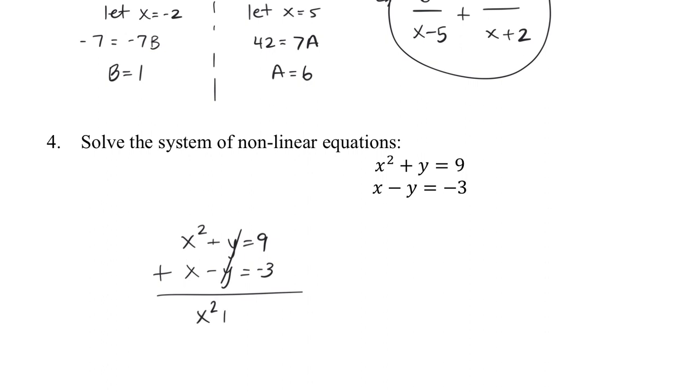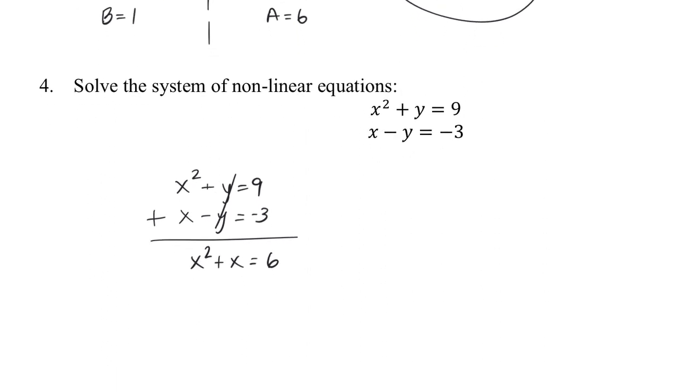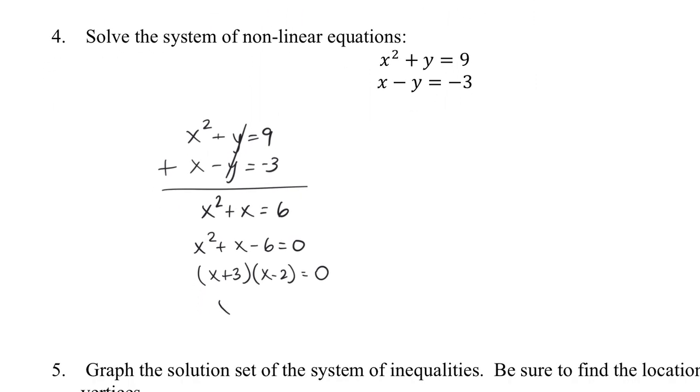So we leave them as x squared plus x equals 6. We can solve by factoring. And then find the value of x equals negative 3 and x equals 2.